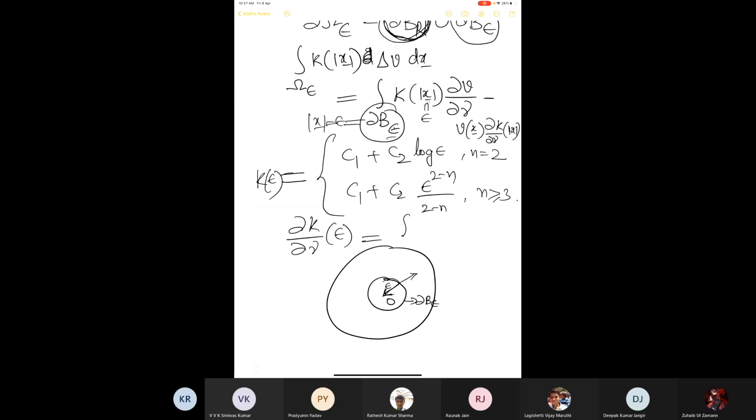That is equal to C2 upon epsilon for n equal to 2, and for general n, the derivative gives C2 epsilon power 1 minus n, since the 2 minus n cancels.